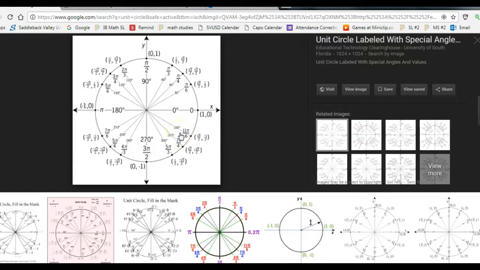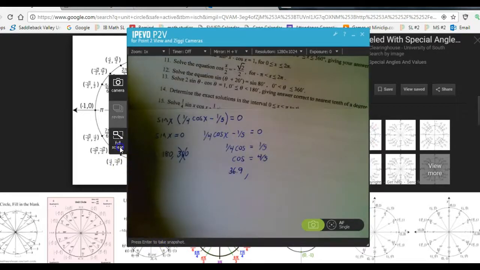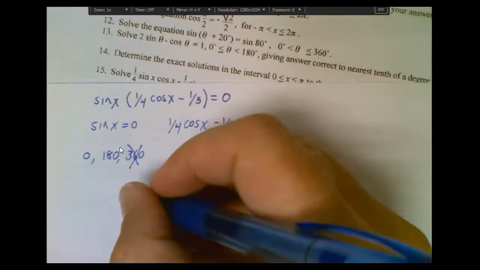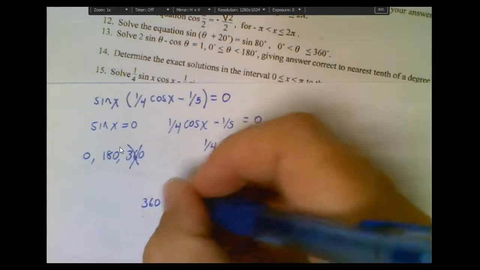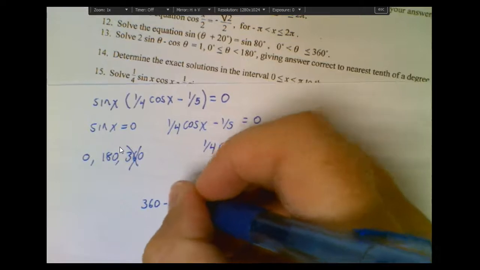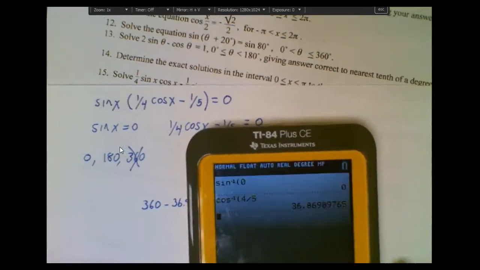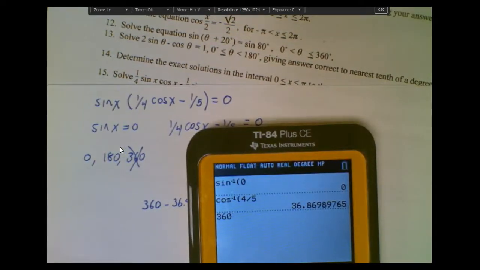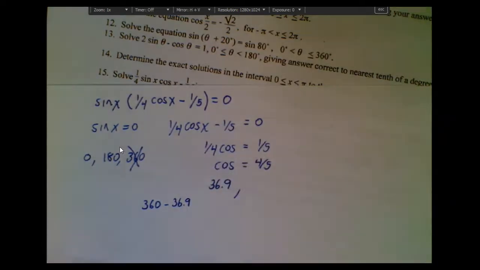And so for my other answer, I need to do 360 minus 36.9. And so 323.1 should be my other answer.